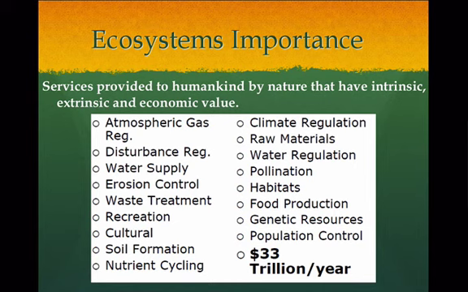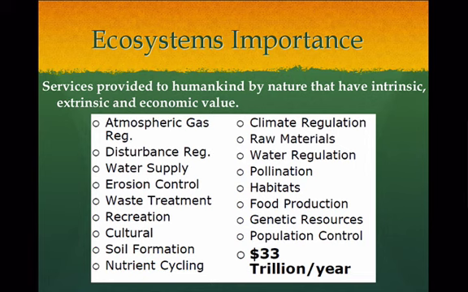So what people don't realize is how important ecosystems are to mankind. Not only in the fact that it's nice to have parks to go visit, it's nice to feel good that you're conserving nature, but their economic value is huge.